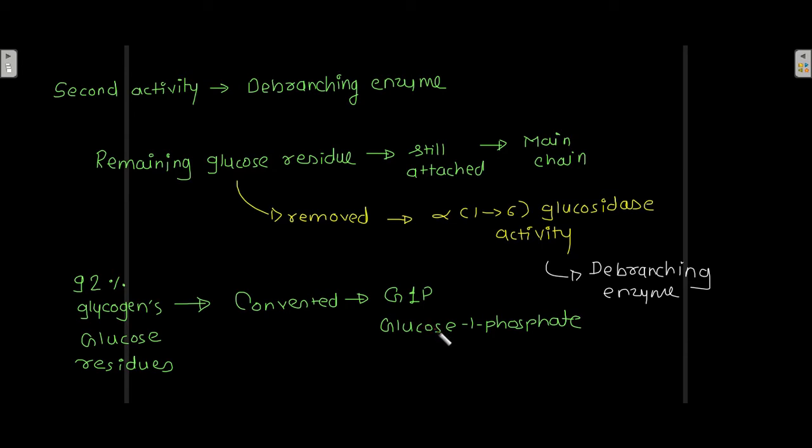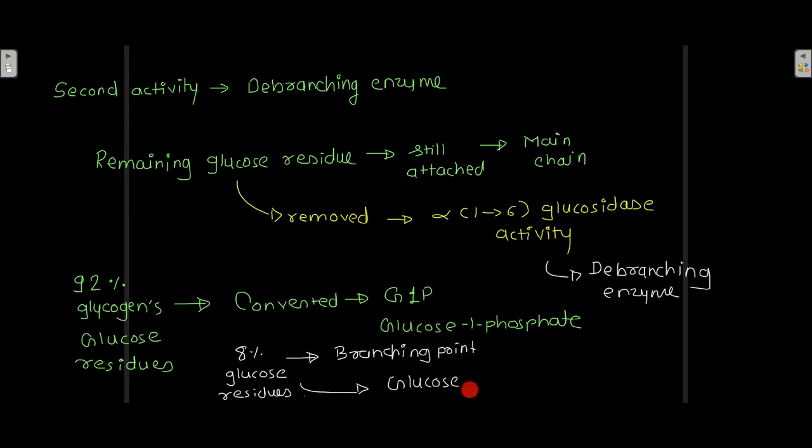If the glycogen is made up of 100 glucose, then 92 glucose residues in the glycogen are converted into glucose 1-phosphate because of this debranching enzyme and glycogen phosphorylase enzyme. And the 8% of glucose residues that are present at the branching points are directly converted into glucose.